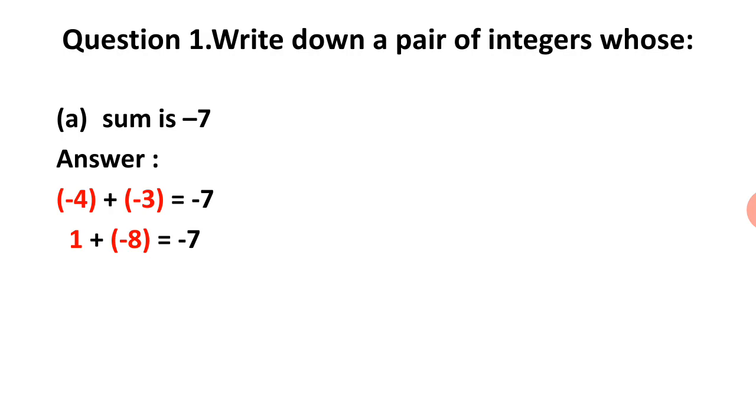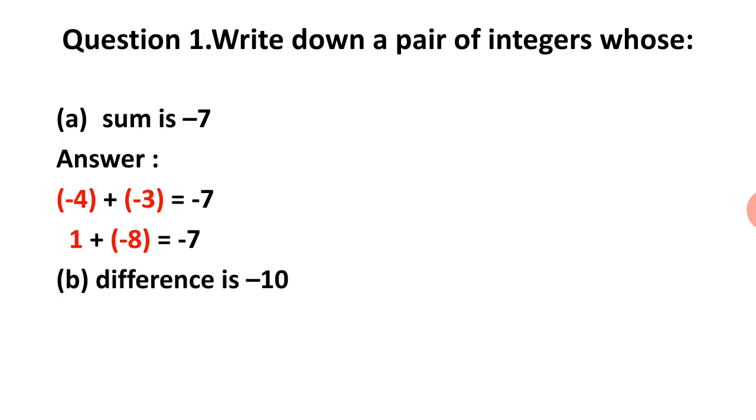Now 1 minus 8 is again -7. This is another set of integers which will give you the sum to be -7. You can have many more on your own, but in your exam you are supposed to select any of those.